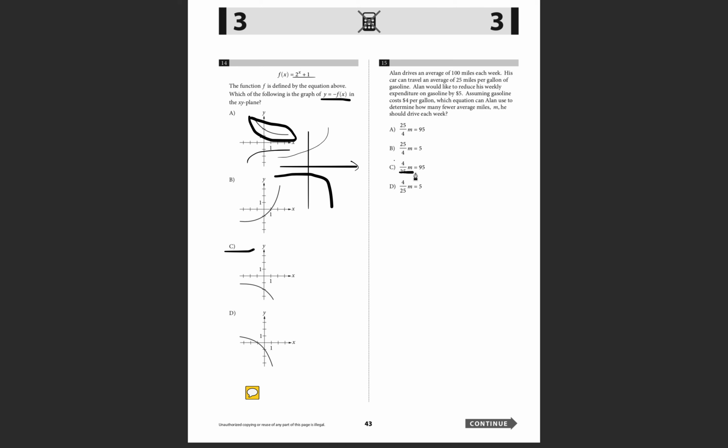Then we can get the gallons, and then times 4, which is how much it costs for 1 unit, which is the price, and this should equal $5. So choice D is the correct answer.